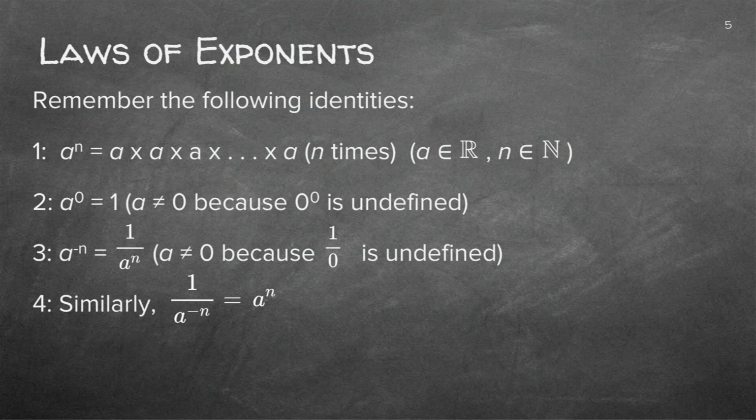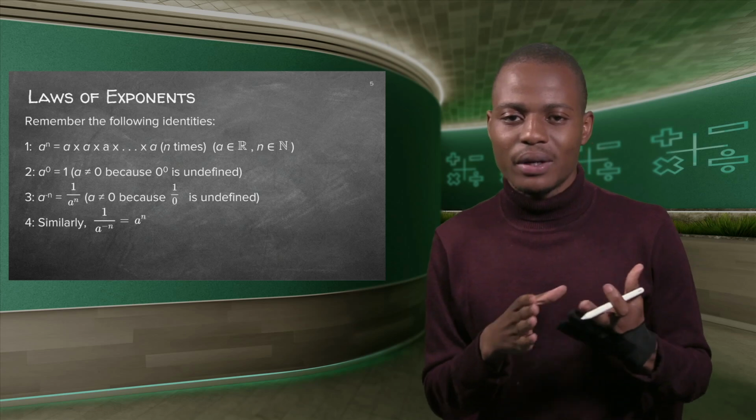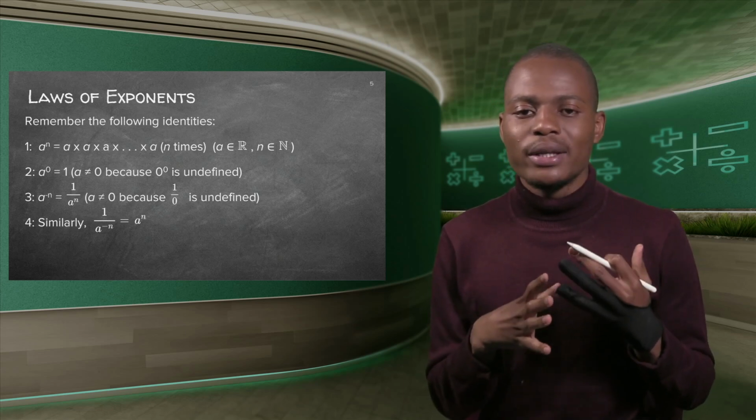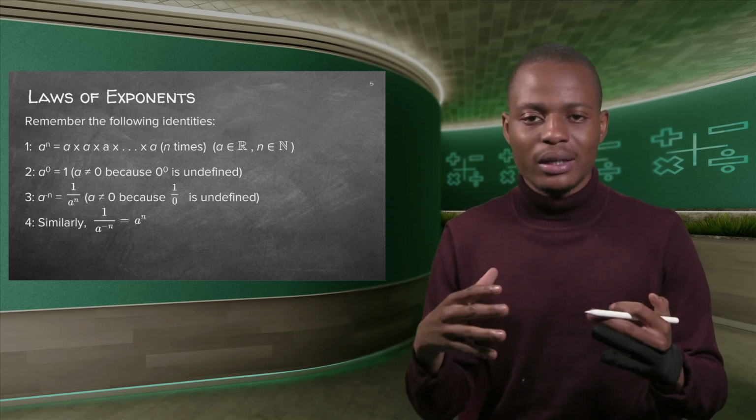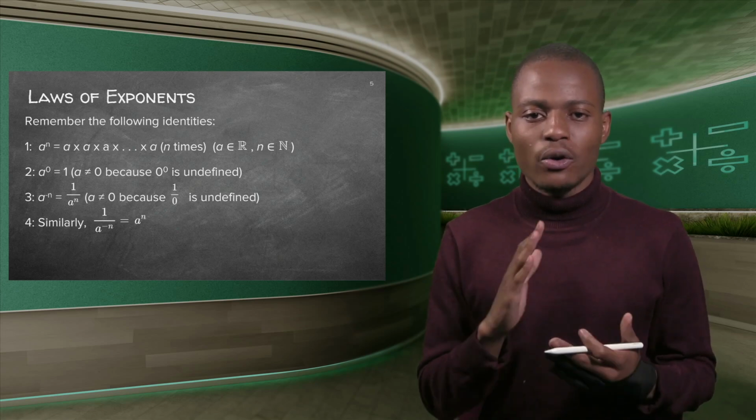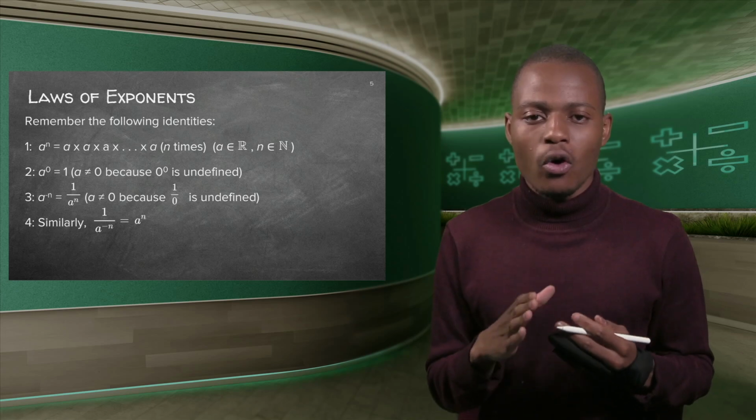And also we need to look at the laws of exponents that we have. So we need to remember the following identities. So we've worked with exponents briefly in the previous grades, grade 8, grade 9, but you didn't go deep with them. So now we'll revise a few laws of exponents and also give you more of these rules.